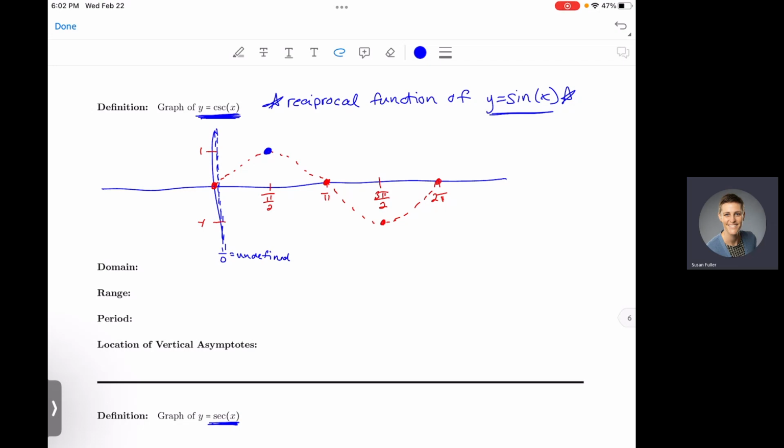At x equals pi, the sine of pi is 0, which means the cosecant of pi is going to be the reciprocal of that. Again, 0 is 0 over 1. The reciprocal of that is 1 over 0. This again is undefined, which means we're going to have a vertical asymptote at x equals pi as well.